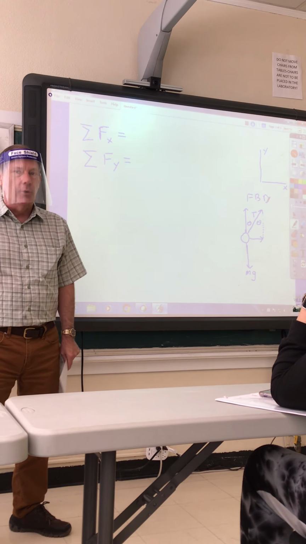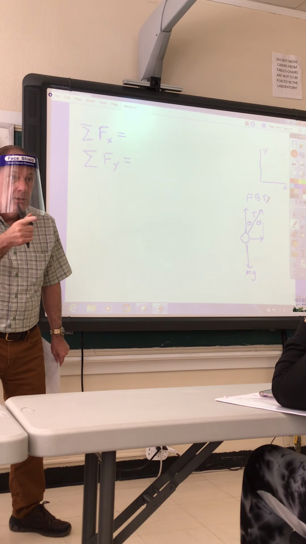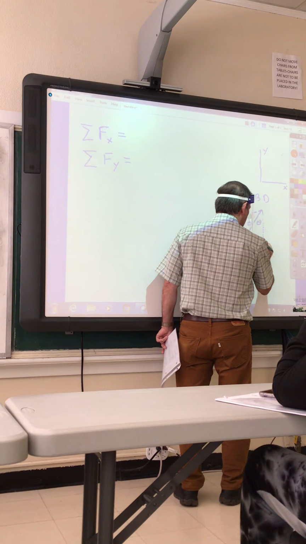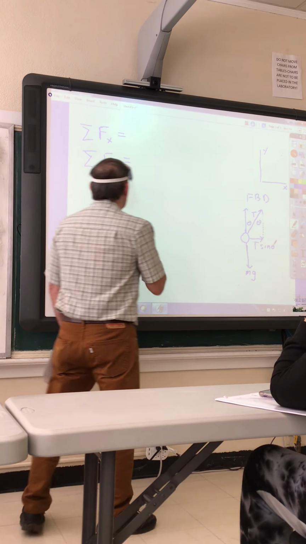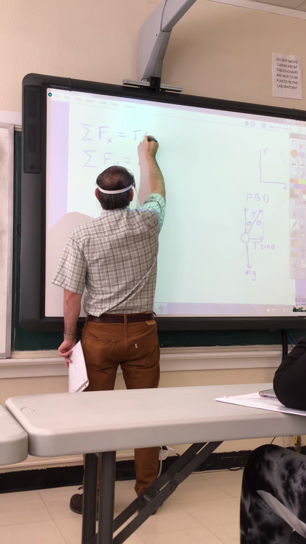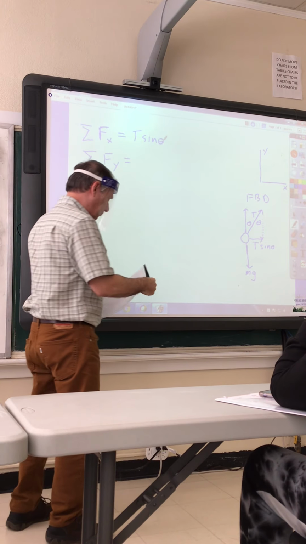That's the one we have in the x direction. And what's that equal to? This one would be T sine theta. So the sum of the forces in the x direction is T sine theta.